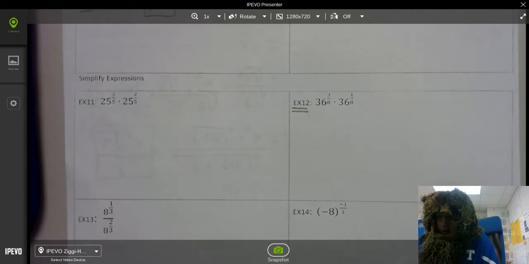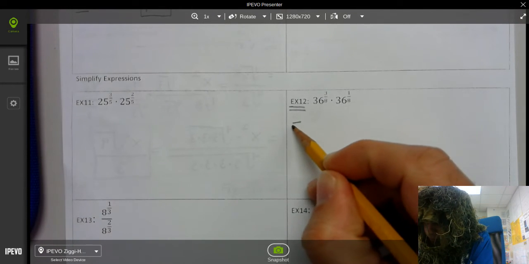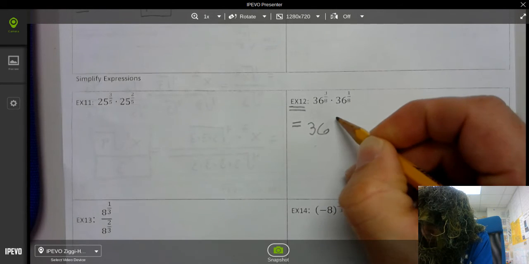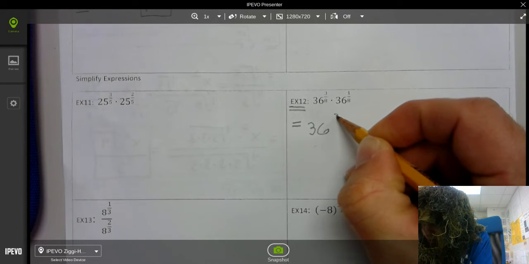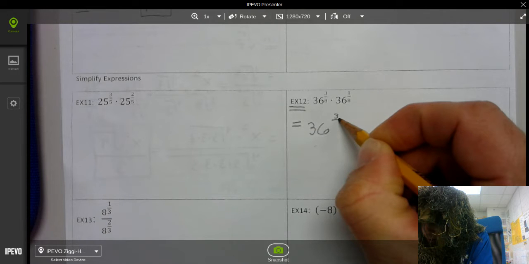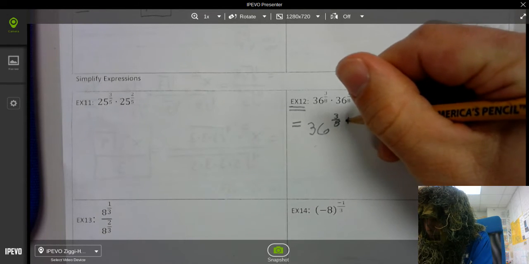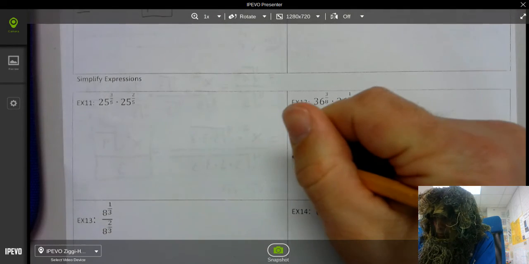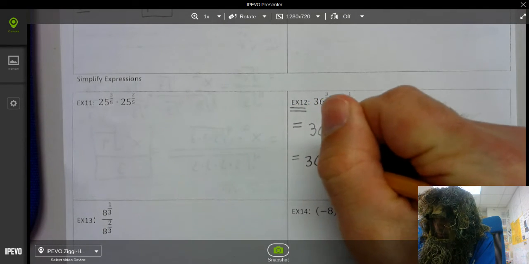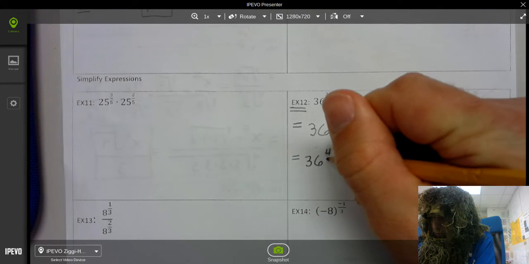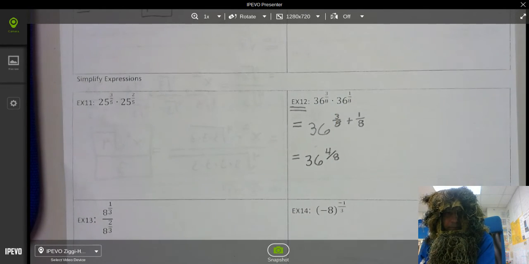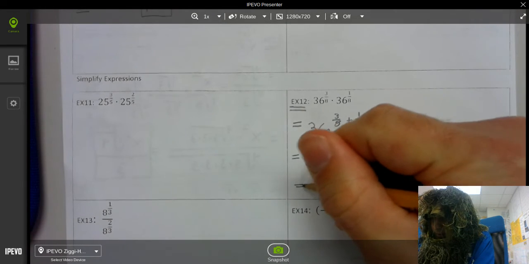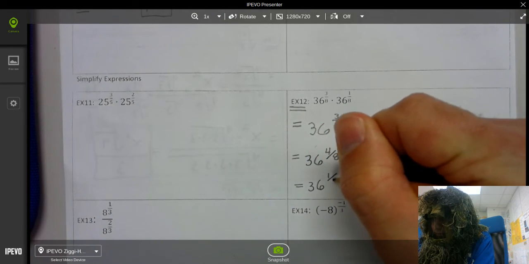Okay, so this is equal to 36 raised to the 3/8 plus 1/8, which is equal to 36 raised to the 4/8, which we know becomes 36 to the 1/2.